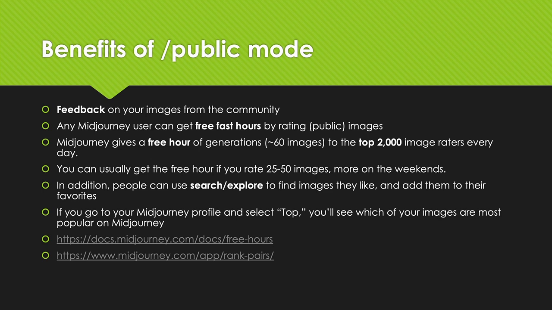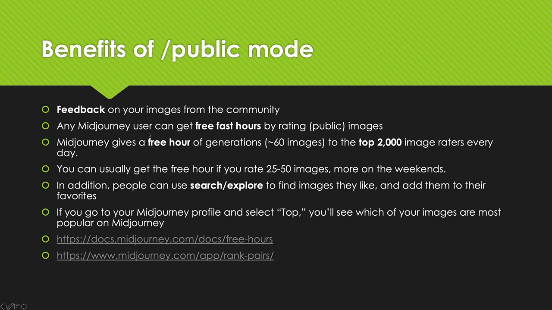See, any Midjourney user can get free fast hours. They can get free hours of fast generation by rating public images. And you do that by going here to midjourney.com/app/rank-pairs. And Midjourney gives a free hour of generations, which is, okay, it's about 60 images. I thought it was 100, but I guess it depends on how you estimate it.